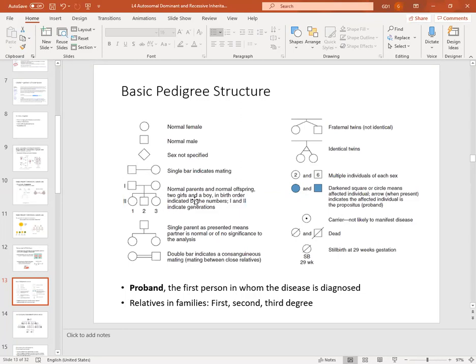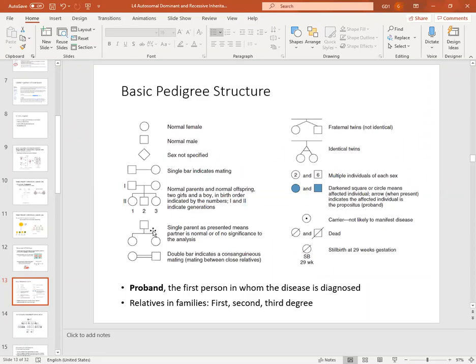This is a traditional family, with the first generation and the second generation with three children. This one is the partner of this male.